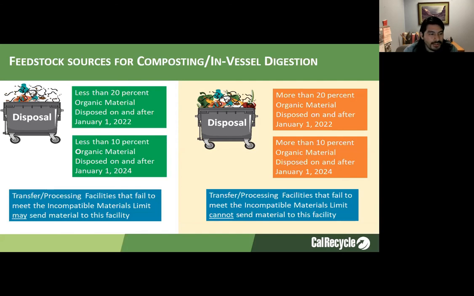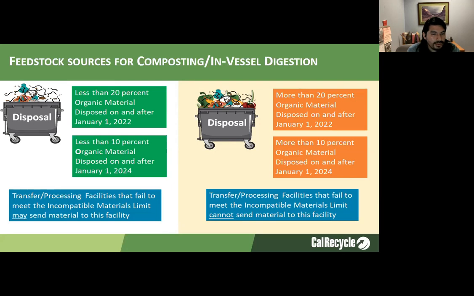So let's go back to the transfer processor. If a transfer processor fails to meet their incompatible material limit, Marcus said that it needs to go to a facility that meets additional quality standards. Well, the one on the left is demonstrating that they meet additional quality standards, and that is the compost or IVD facility or operation that demonstrates that less than 20% of organic material is sent for disposal on and after 2022, or less than 10% on or after 2024.